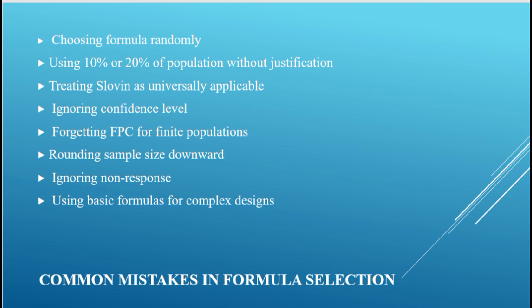Also, when the calculated sample size is a decimal, researchers should generally round upward, not downward, because rounding downward can result in a sample smaller than the calculated requirement. Finally, basic formulas may not be sufficient for complex research designs. Studies involving SEM, multiple predictors, mediation, moderation, or experimental groups may require power analysis.